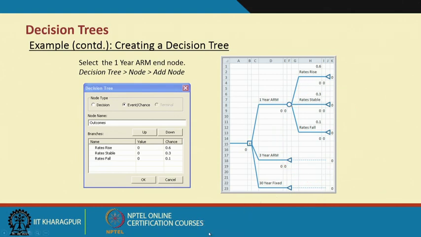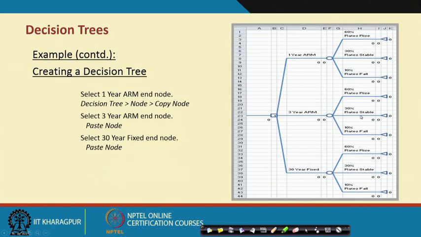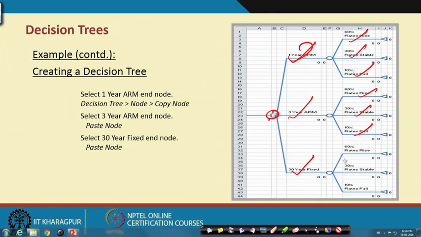This is the first node, and the complete matrix will be like this. We have three alternatives: alternative 1, alternative 2, and alternative 3. Every alternative has outcomes corresponding to three different situations, and similarly for the second alternative we have three different situations.